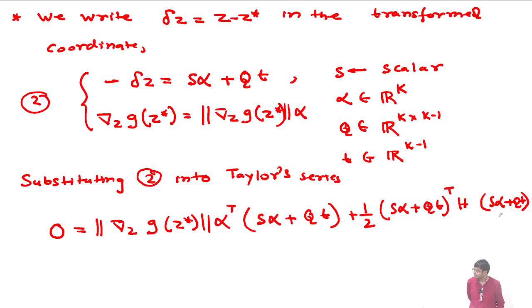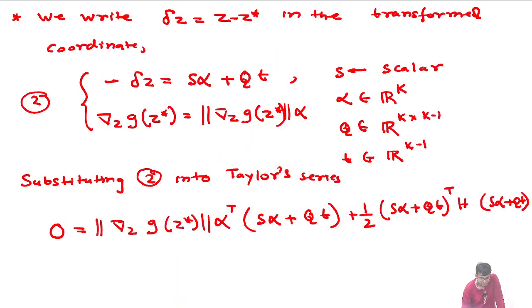So I will have magnitude of grad of g at z star multiplied by s, and this is where we stopped. This is exactly the point where we stopped last time, right? So this is equal to grad of g of z star multiplied by s plus half.